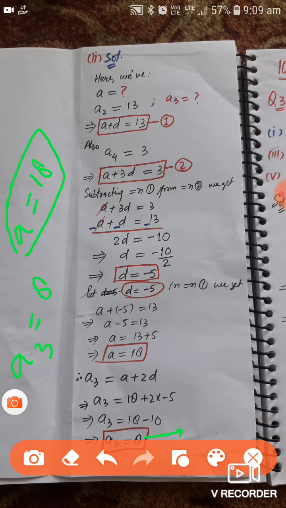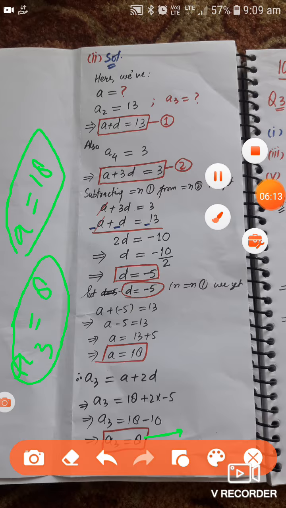Both terms we have calculated. So this is the second part of the question that we got solved. Now the rest of the parts can be solved similarly if you try them.